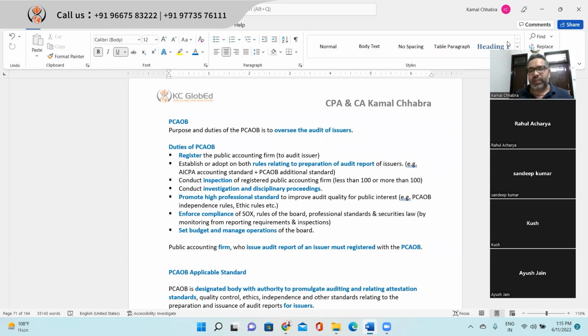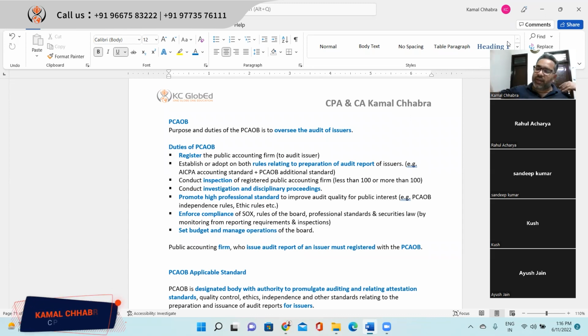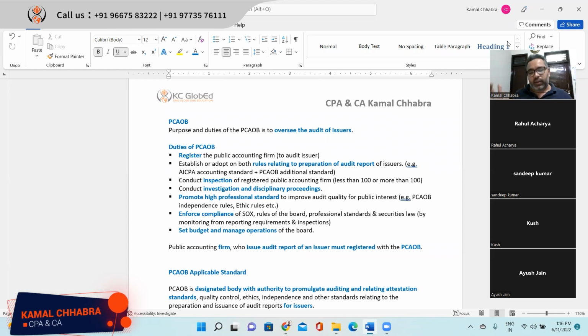The PCAOB has taken the AICPA auditing standards and added certain additional requirements to those standards, and that put together is called the SEC auditing standard. Same way for the company side, they have adopted GAAP, and they have asked for certain additional disclosure requirements for the listed company.